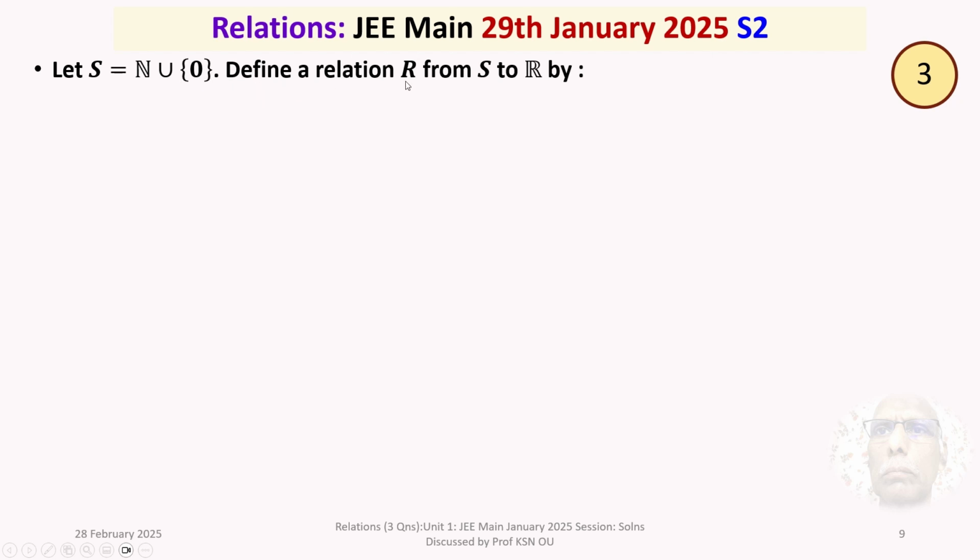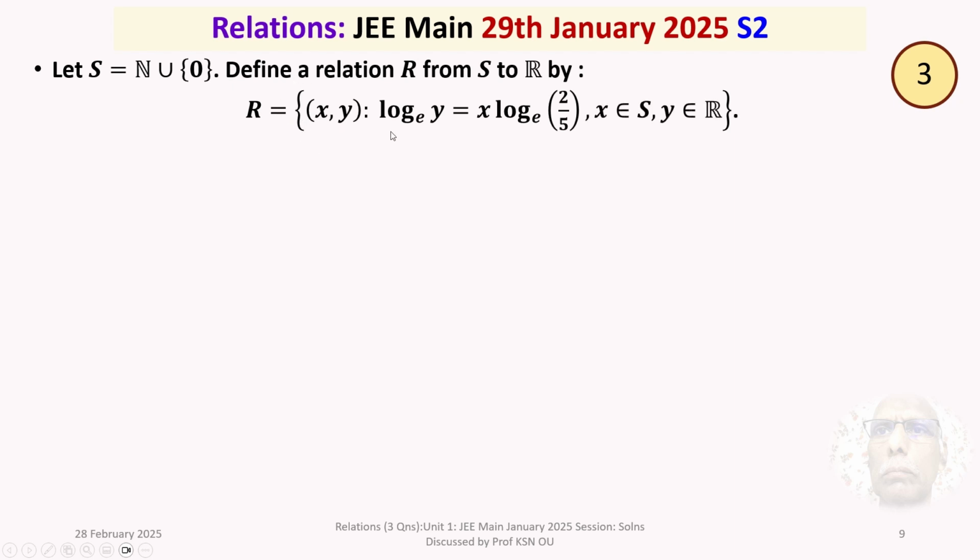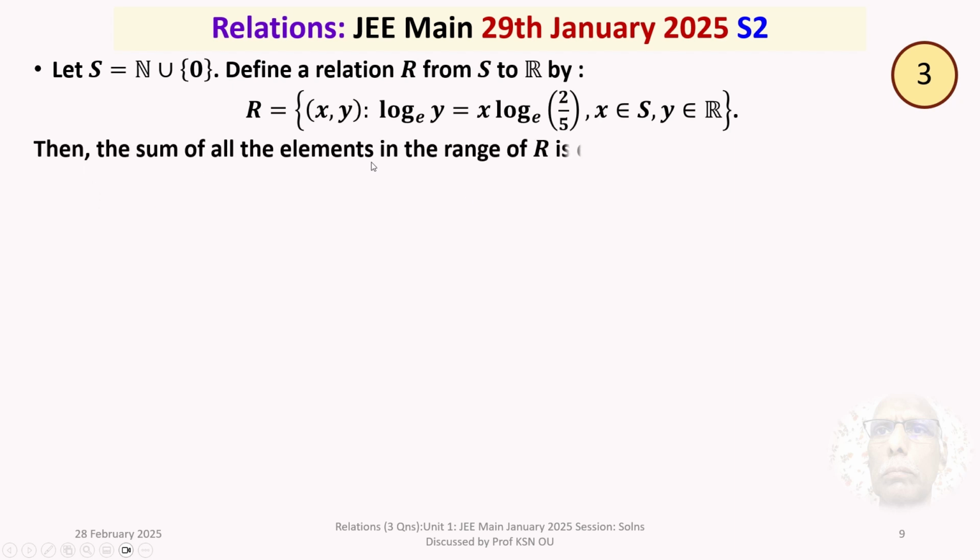Define a relation R from S to the set of real numbers by R equal to the relation of all ordered pairs (x, y) such that log y to the base e is equal to x times log of 2/5 to the base e, where x belongs to S and y belongs to the reals. Then the sum of all the elements in the range of R is equal to.